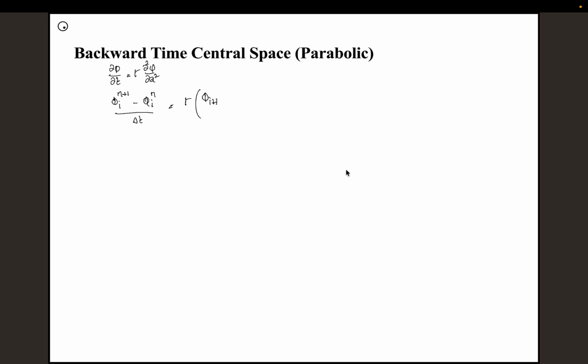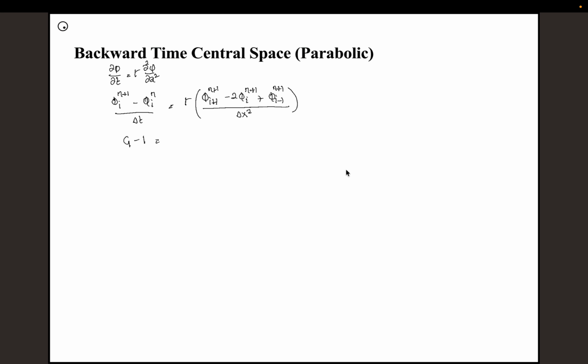So we have phi at n plus 1. As I said, this is the ith grid, n plus 1 point, so I'll have a g term coming here.